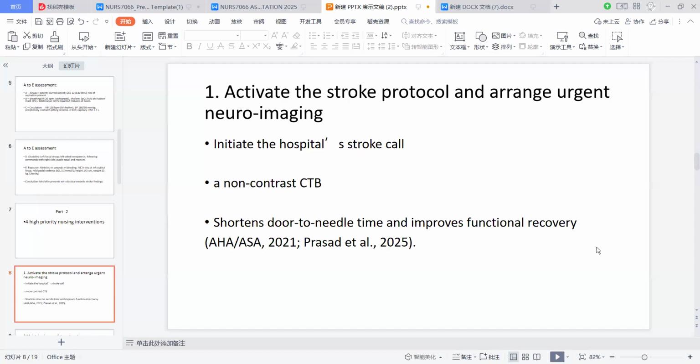Rapid imaging within the 4.5-hour therapeutic window determines eligibility for intravenous thrombolysis and endovascular thrombectomy. Scientific research says that timely activation shortens door-to-needle times and improves functional recovery for patients.